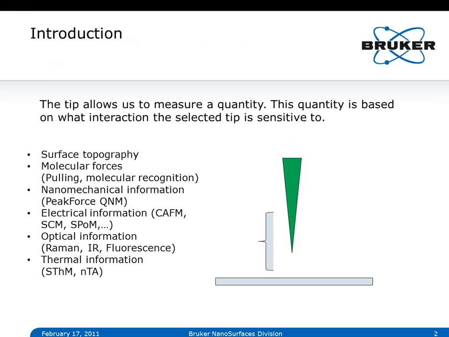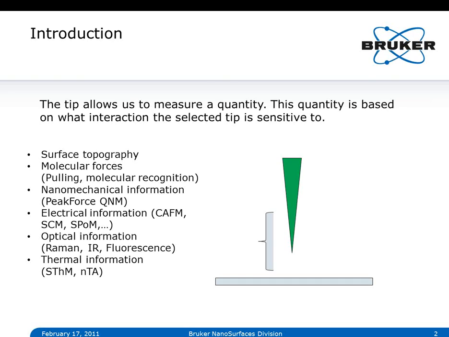So AFM is a very powerful and diverse tool, and what actually makes it so diverse is the ability to use a variety of different probe tips. These probe tips are the key to unlock this diversity, because they allow us to measure a quantity, based on what interaction that specific selected tip is sensitive to.